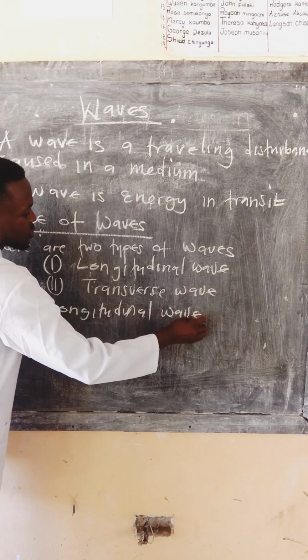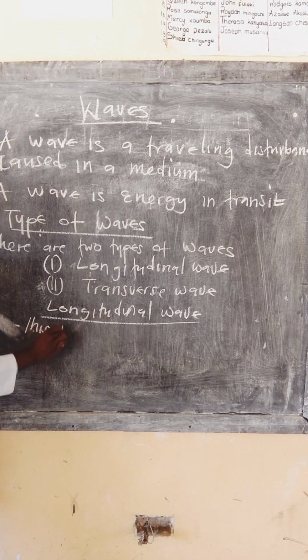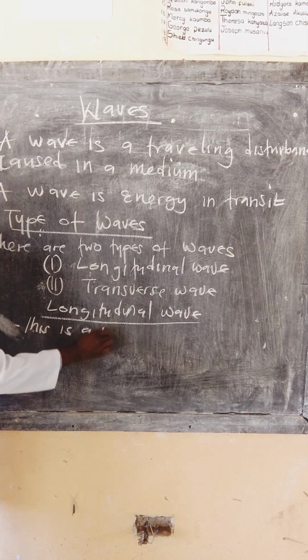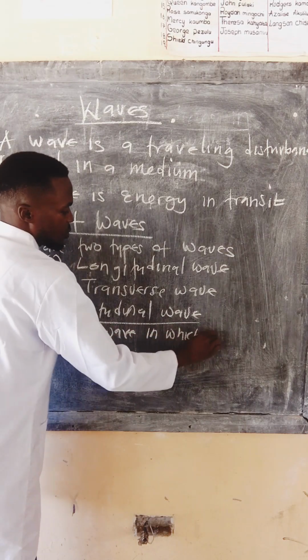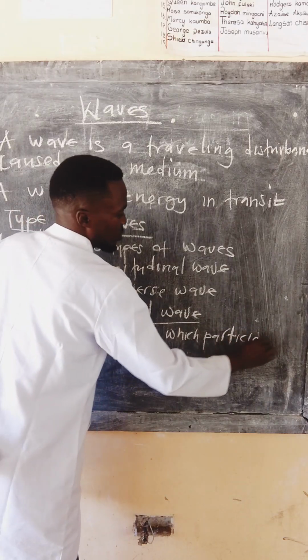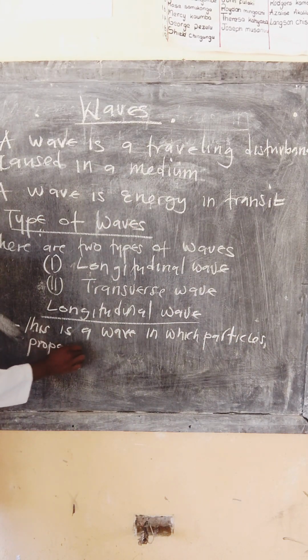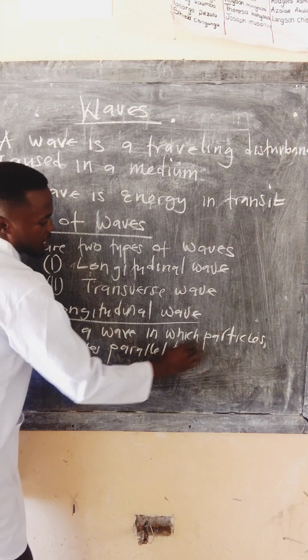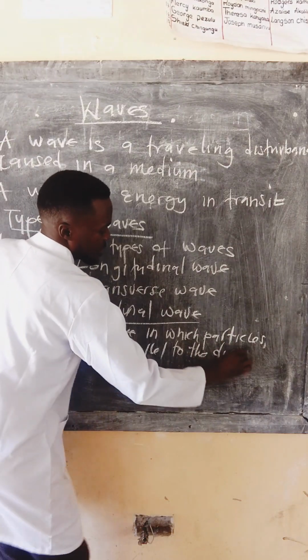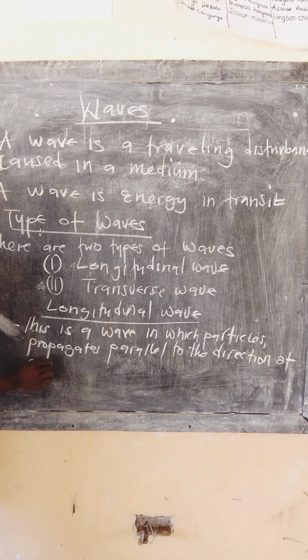So what is a longitudinal wave? A longitudinal wave, we are simply saying this is a wave in which particles propagate parallel to the direction of a wave.